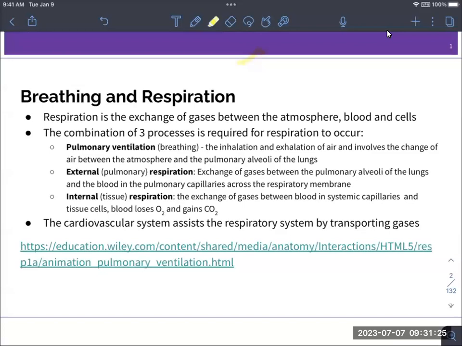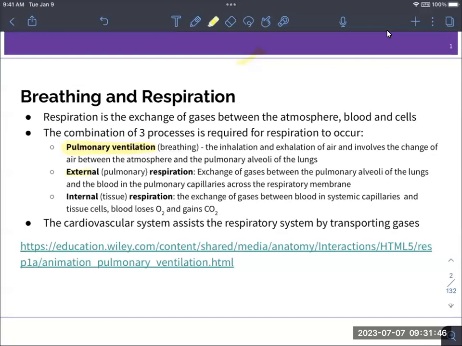So that pulmonary ventilation or breathing, again, is every breath that you take, breathing in and breathing out. Every time this happens, we are exchanging gases in our lungs with the blood.